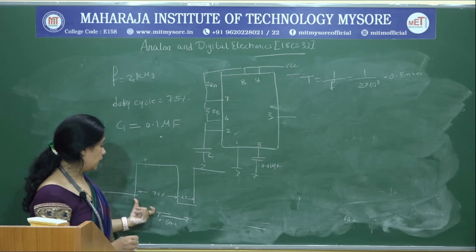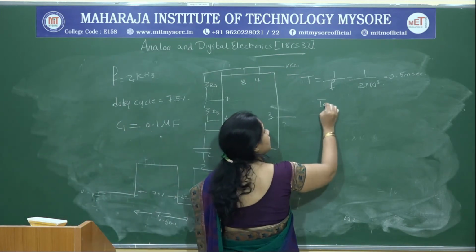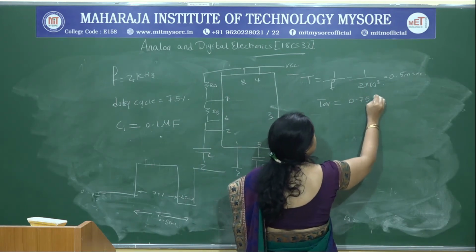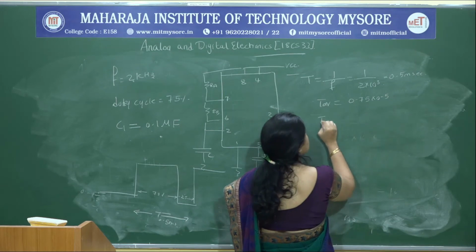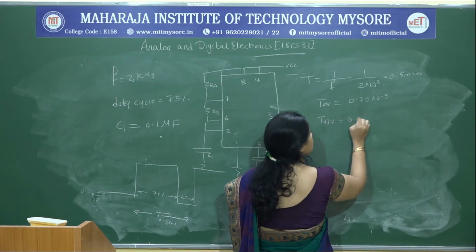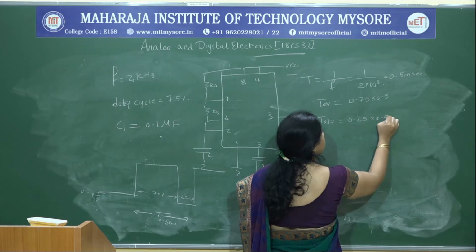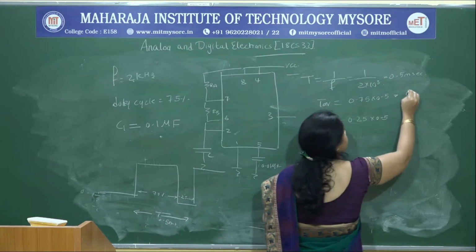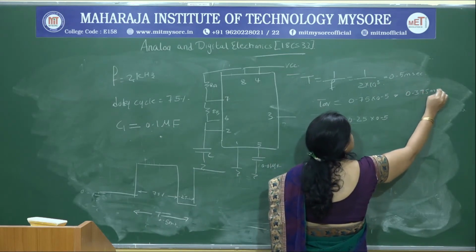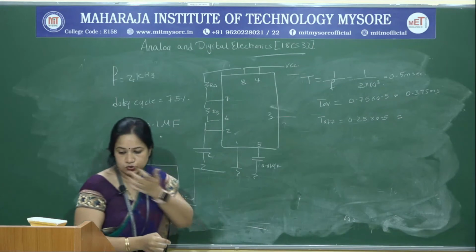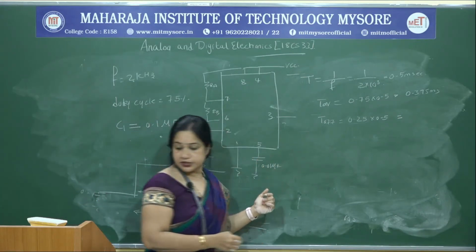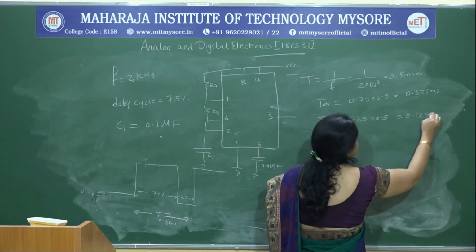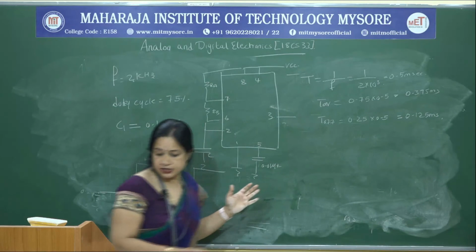So, we can easily compute T on as 75% of the total time, that is 0.75 into 0.5, and T off is 25% of the total time, that is 0.25 into 0.5. So, 0.75 into 0.5, you end up getting 0.375 milliseconds, and T off, you compute, is going to be 0.125 milliseconds.